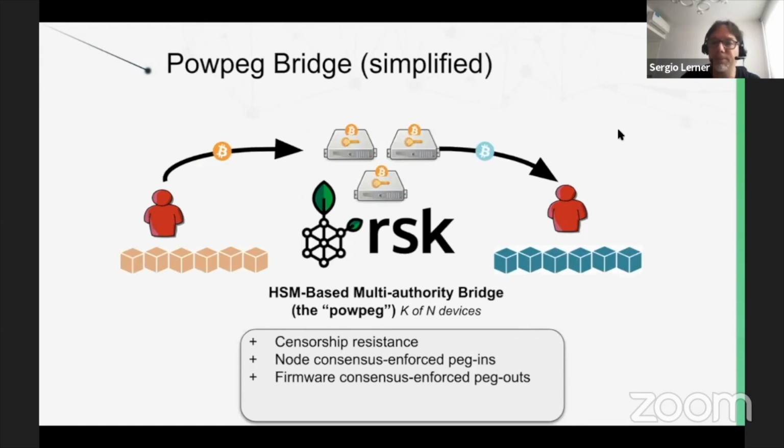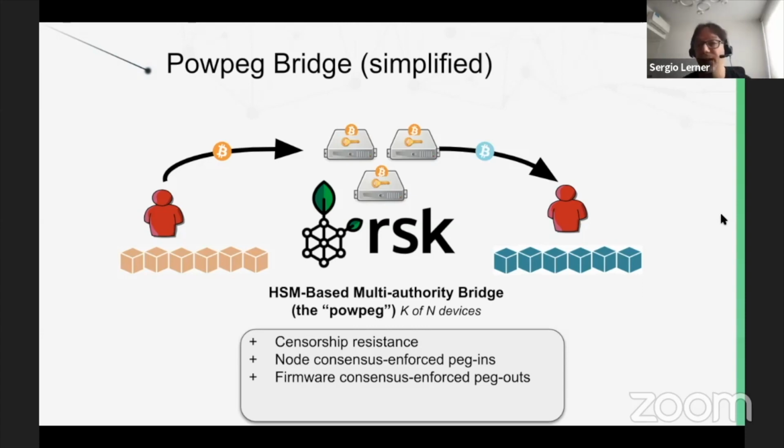So this is how the bridge looks. Basically, when you do a peg-in, you send your Bitcoins to a multisig that is controlled by HSM devices. And this federation of HSM devices, each one of these devices holds a private key. And this device will never, ever allow you to either see or force the use of one of these private keys, right?